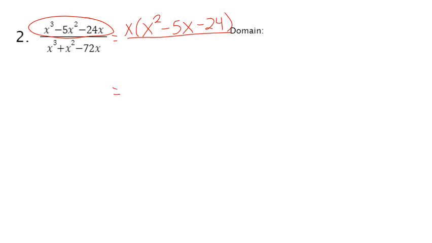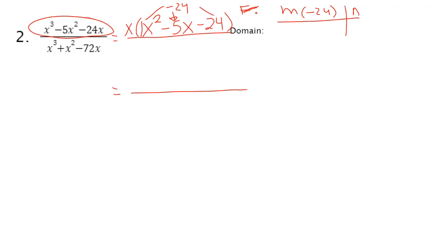And then if we look at the top part, I'm going to find factors of negative 24 that add to negative 5. In this case, we're going to use negative 8 and positive 3. So I would have x minus 8, x plus 3.